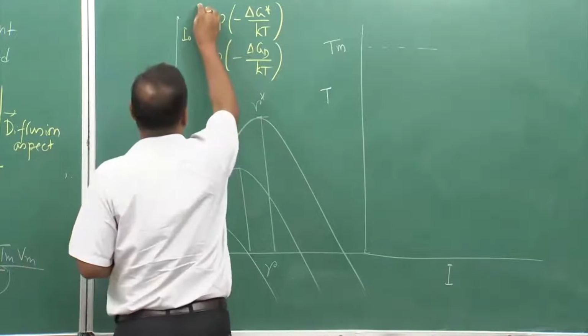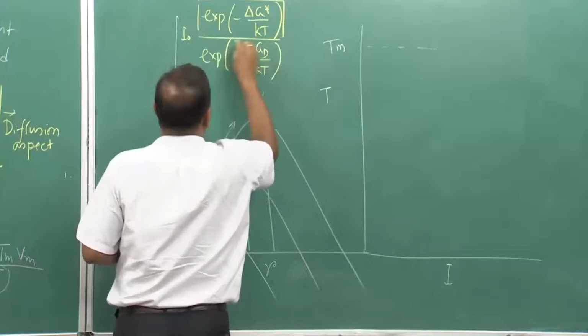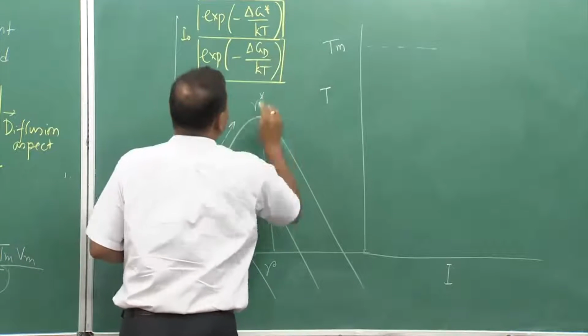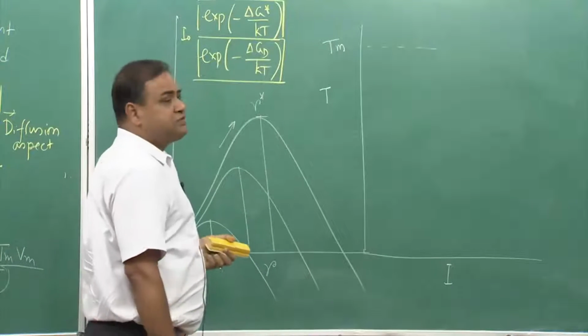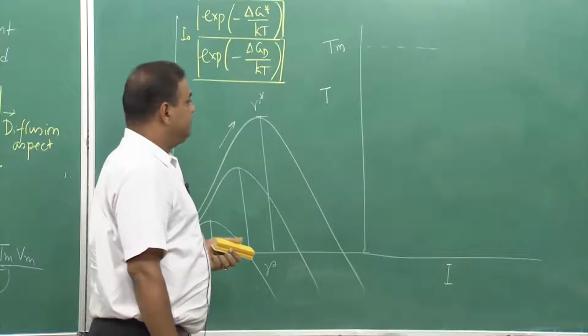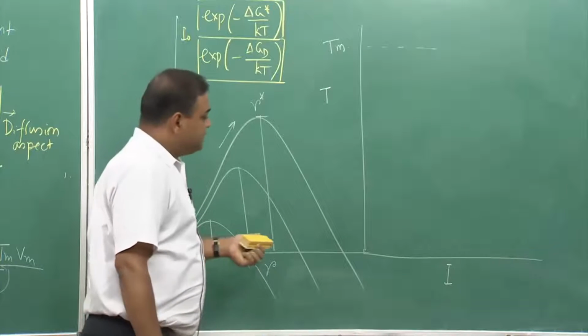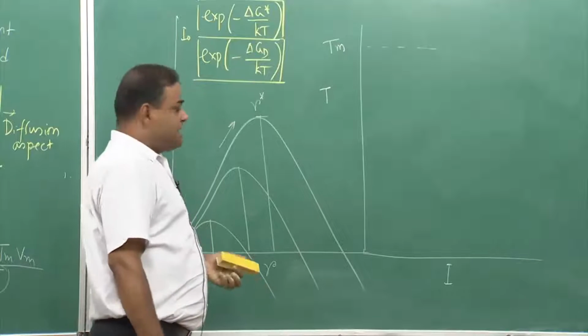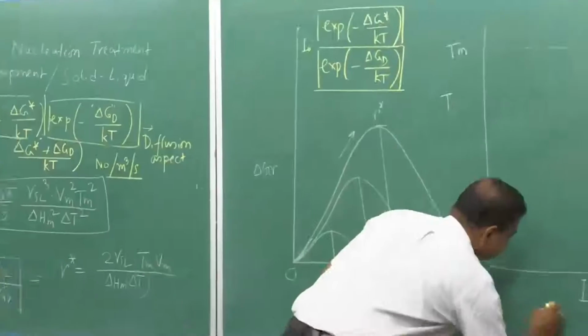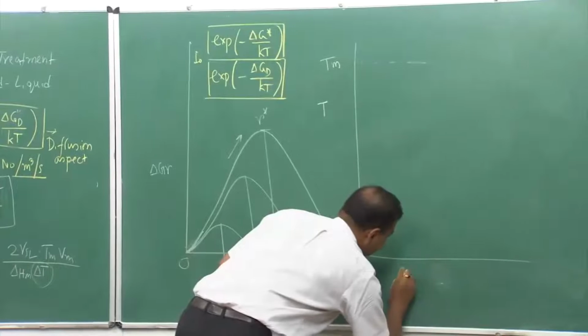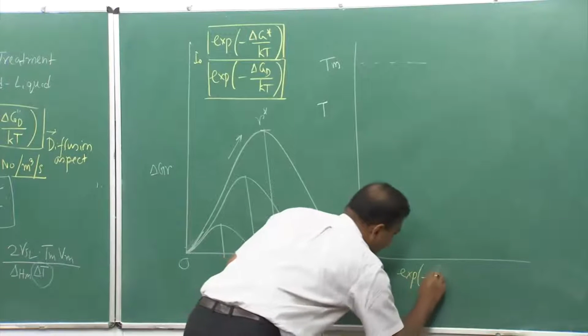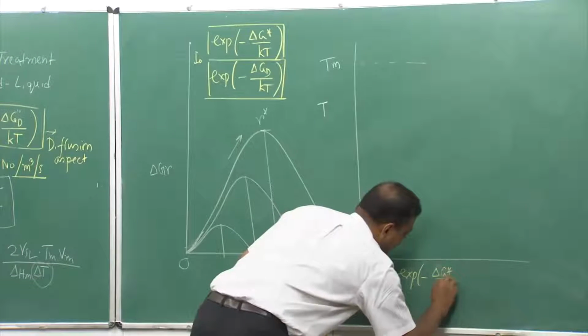Now, if I try to see this variation and this variation, let us see how these two variations would look in the temperature axis. I am plotting first exponential minus delta G star by kT.